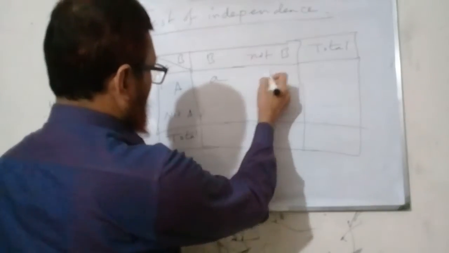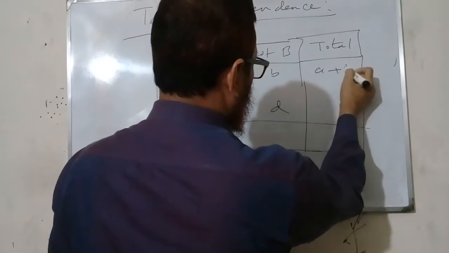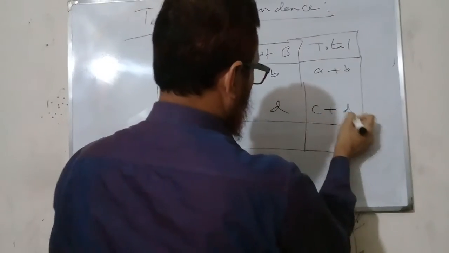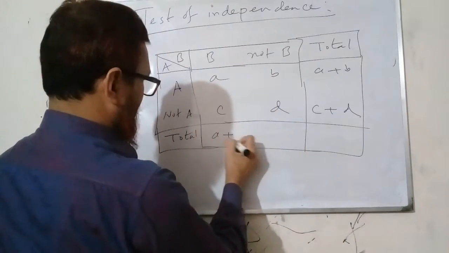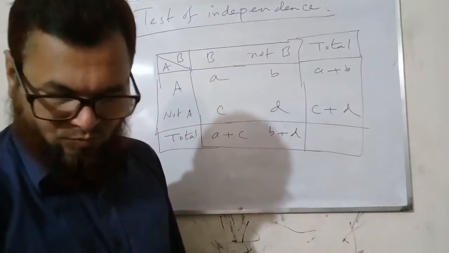Suppose this is a, b, c, d. Totals: a plus b, c plus d, a plus c, b plus d.